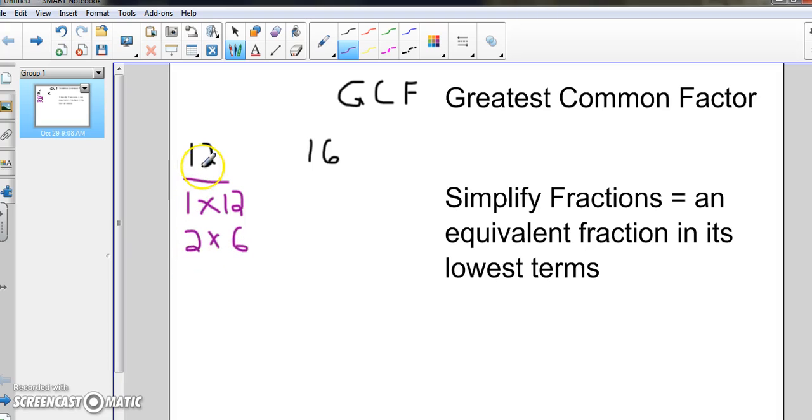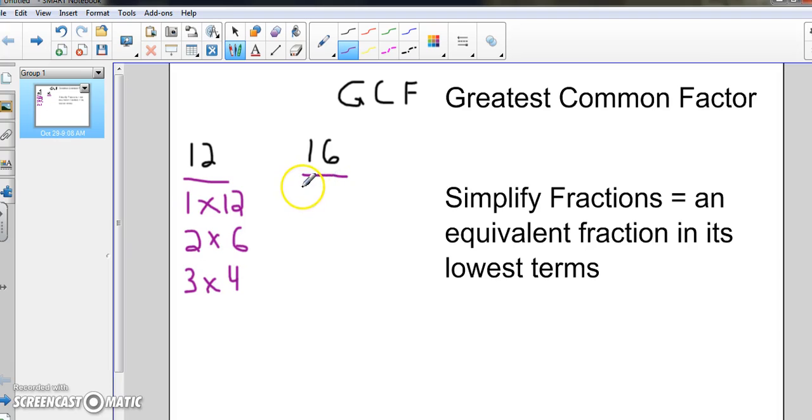Can 3 multiply to get 12? Yeah, 3 times 4. Can 4 multiply to get it? I can multiply 4 times 3 to get 12, but I already have my 4 here. So I know that I found all my factors of 12.